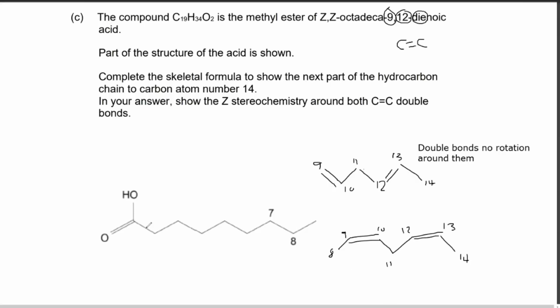And this is ZZ, so this is Zusammen or sisters. So they're both going to be on the same side. So let's delete the numbers and we're left with this lovely structure. And if you're wondering how this is cis or ZZ, it's got the hydrogens all coming off on this side, okay? And they'd be stuck there because there's no rotation around the double bond. So there you go. That structure there is the correct answer.